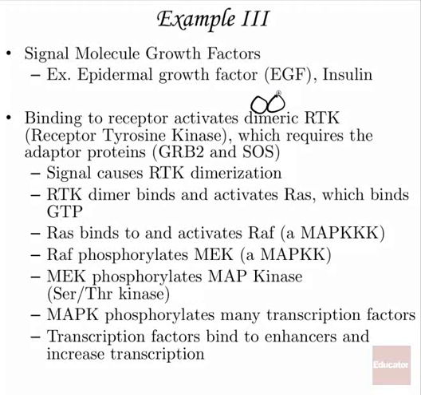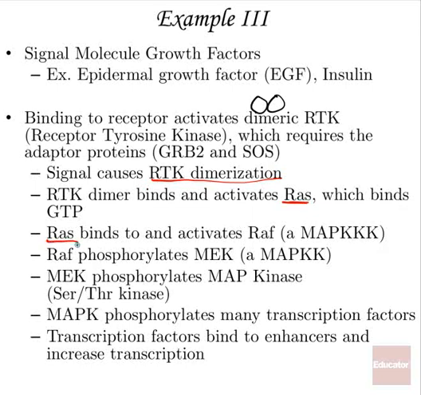That's just some extra information for your own knowledge. So, we have this signal causing the RTK dimerization. That dimer binds and activates a protein called RAS, which will bind a GTP molecule.